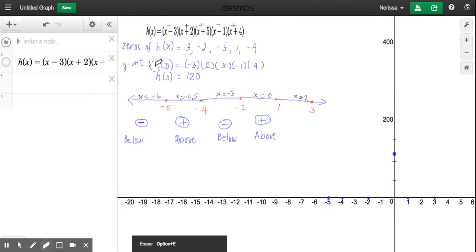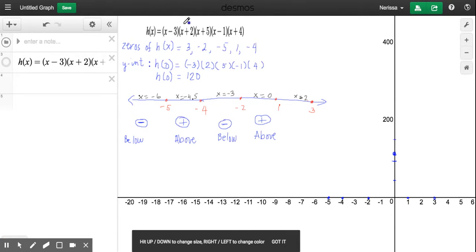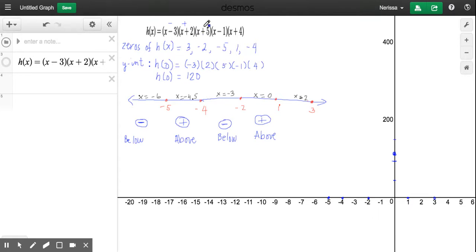Now, when x equals 2, so let me erase this first. When x is equal to 2, 2 minus 3 is negative. 2 plus 2 is positive. 2 plus 5 is positive. 2 minus 1 is positive, and 2 plus 4 is positive.